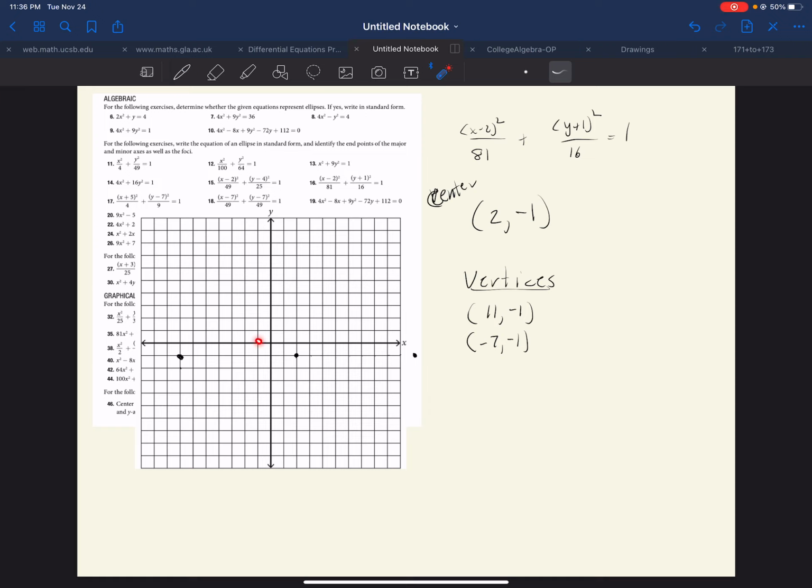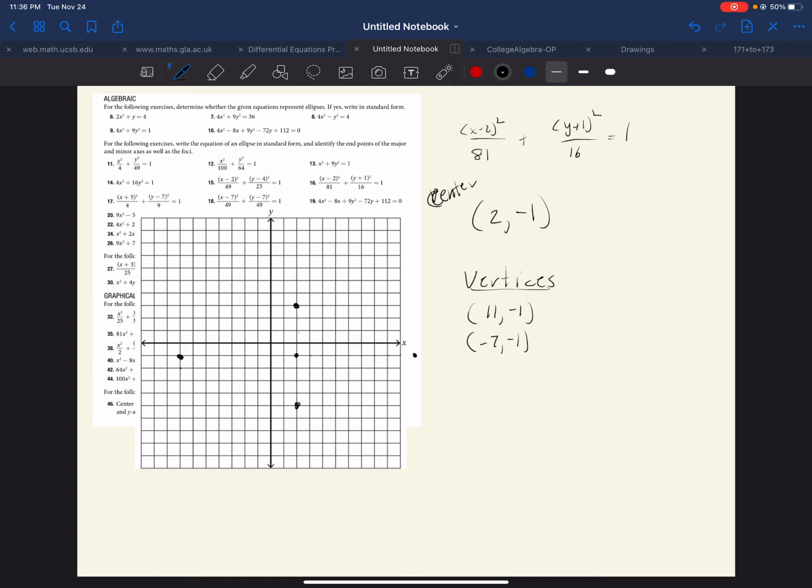Notice, though, if I went 1, 2, 3, 4, 5, 6, 7, down 1, that's that. And if I went 11, down 1, that would be right there. All right, look under the y. That's 16. Square rooted is 4. And so from this spot, I'm going to go 1, 2, 3, 4 up, and 1, 2, 3, 4 down, and put points there.